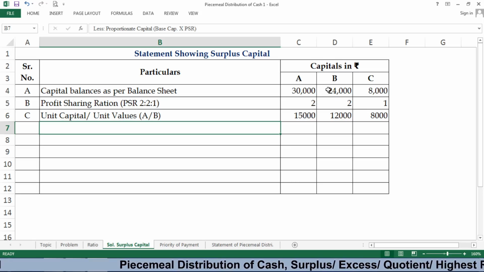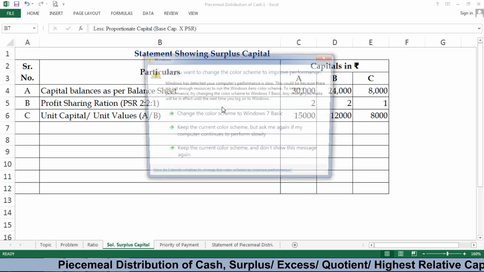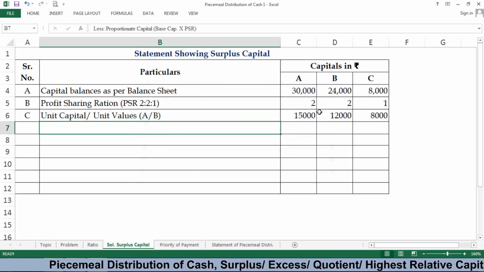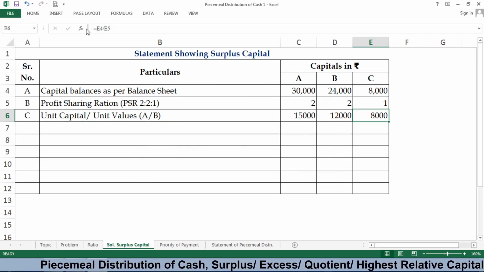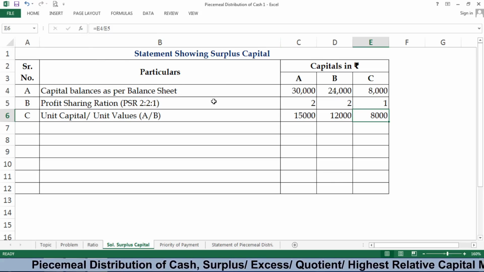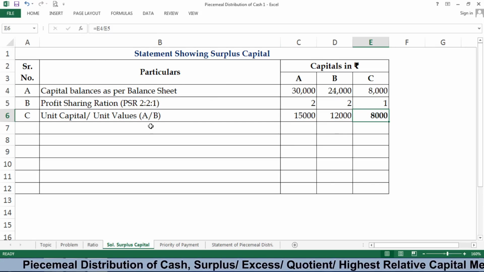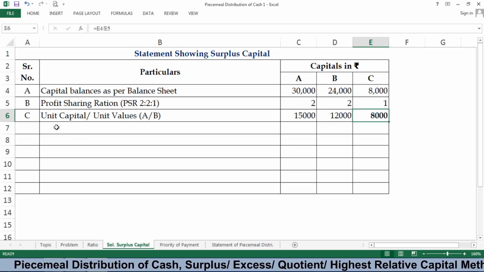In the same way, we will calculate the unit capital of Mr. B and Mr. C. That is 24,000 divided by 2, it comes to 12,000, and 8,000 divided by 1 comes to 8,000. Here the minimum value is 8,000. So it will be considered as the basic capital or base capital.